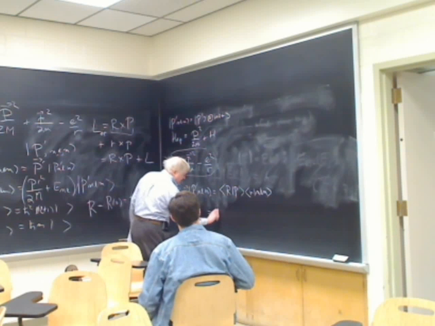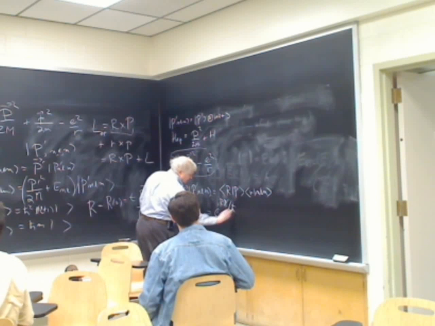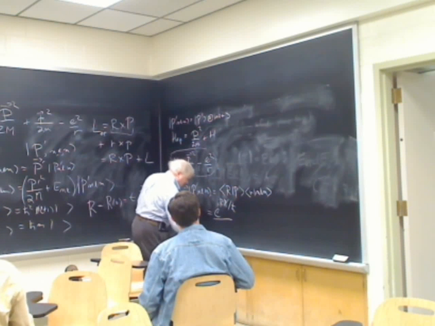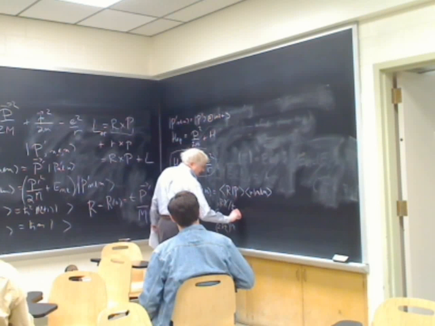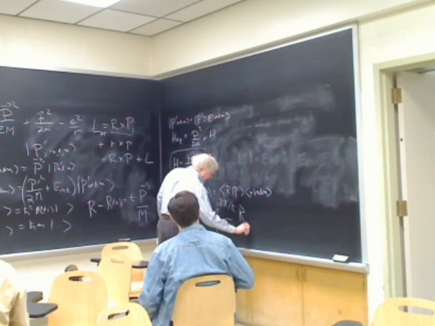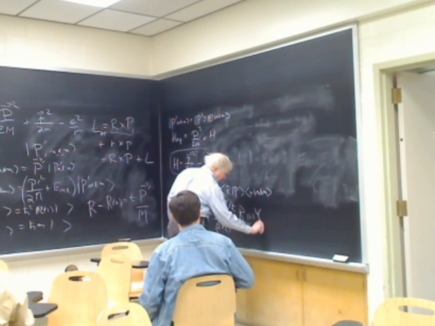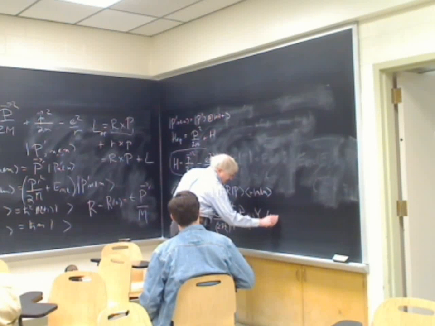This thing is going to be e to the i R dot P' over h bar divided by (2 pi h bar) to the 3/2 times this thing, and this thing is going to be R_nl of r Y_lm of theta phi.